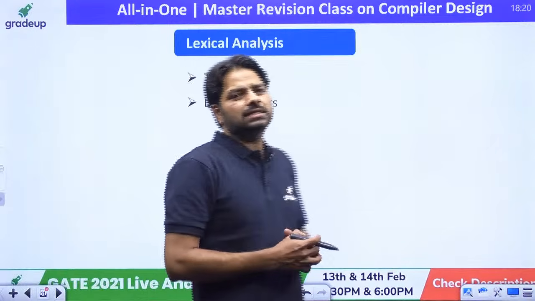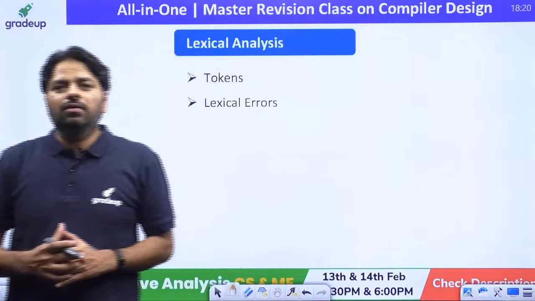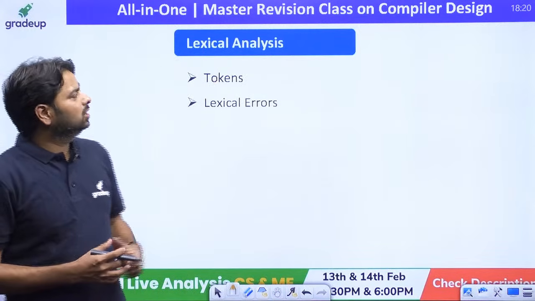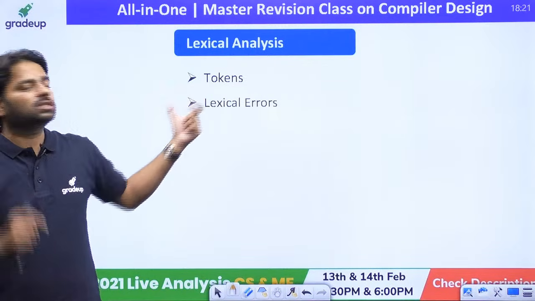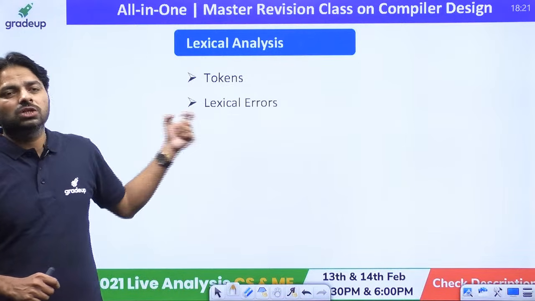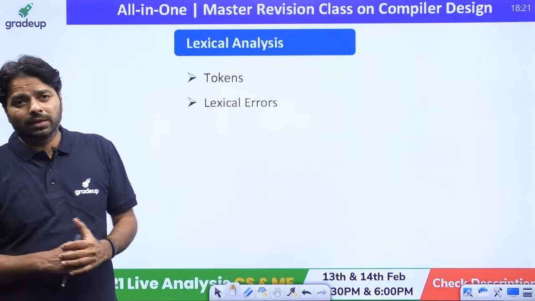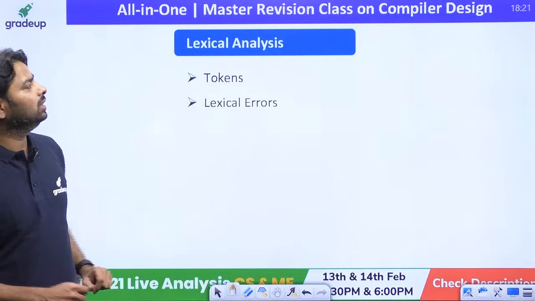Why do you need lexical analysis, guys? Just that is what the revision is. Why do you need lexical analysis? To recognize the tokens, and also it produces the tokens. So to understand the tokens of the program. Second one is to understand the lexical errors of the program, so that either it can handle or it can produce an error.